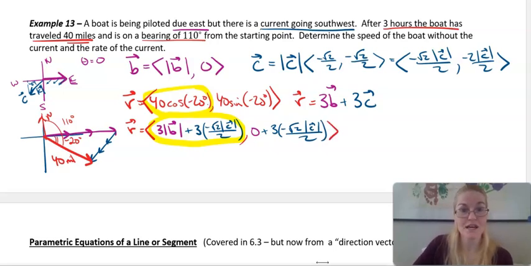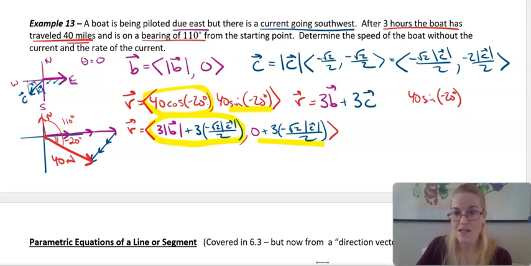I can set this piece equal to this piece and solve for the magnitude of C. Right, so what I can say is that 40 times sine of negative 20 degrees must be equal to negative 3 root 2 over 2 times the magnitude of C.